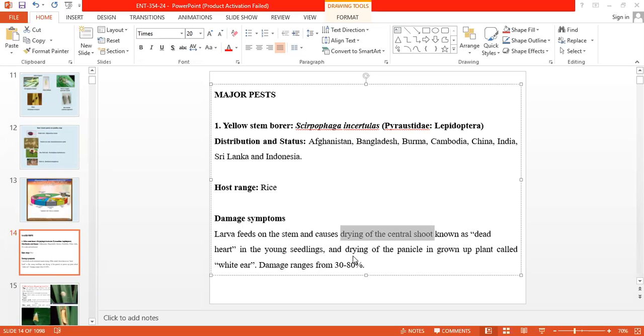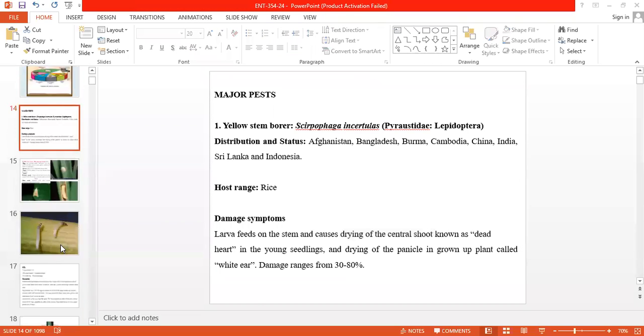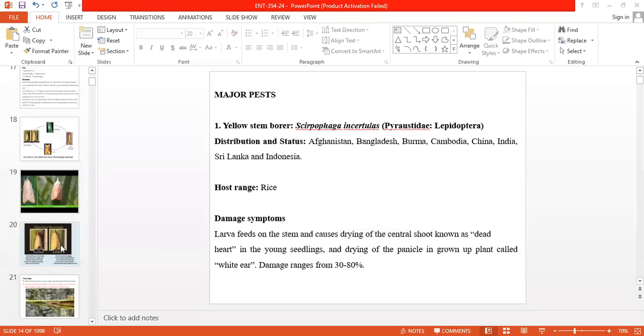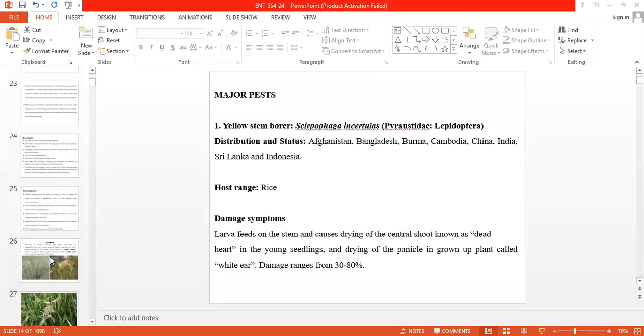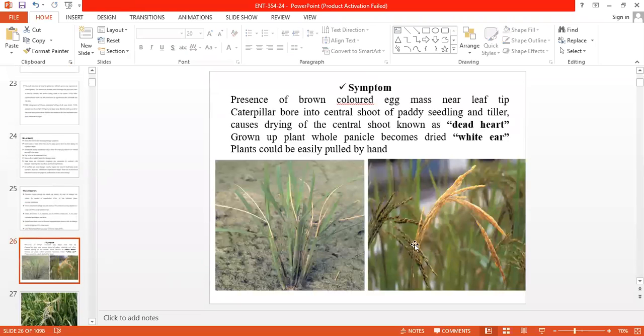The second symptom is the drying of the panicle in a growing plant, called a white ear. This type of white ear symptom is due to the infestation of the yellow stem borer larva.